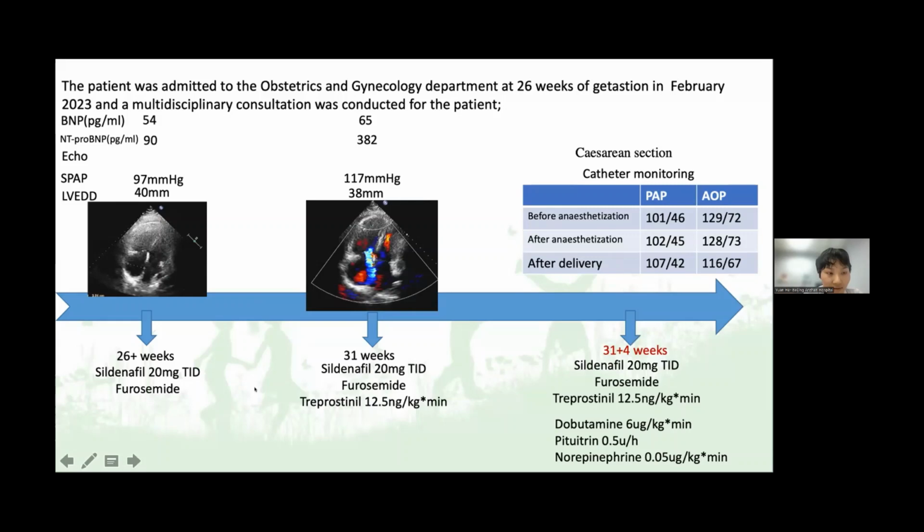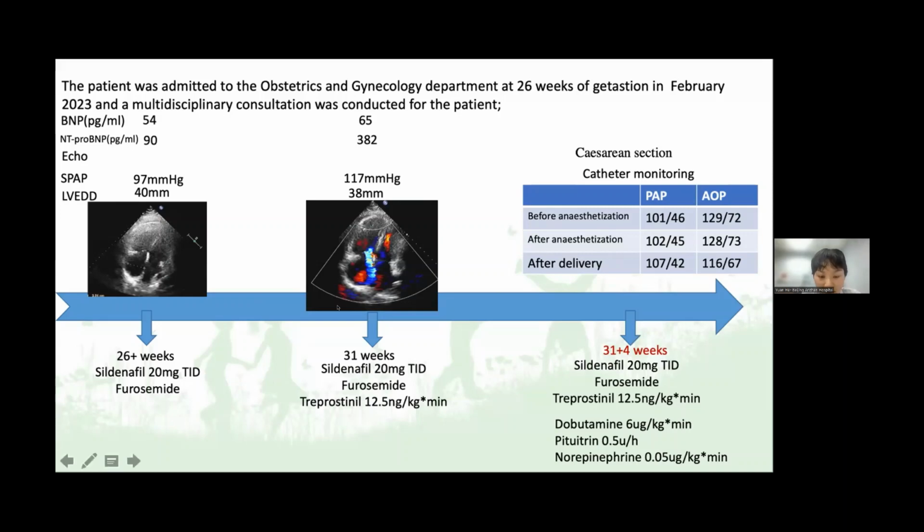So we could find that as time goes by, the BNP and NT-proBNP levels elevated, and the echocardiogram showed the patient's right ventricle dimension increased, with a gradual increase in the systolic pulmonary artery pressure.